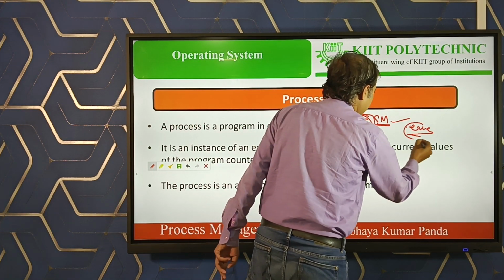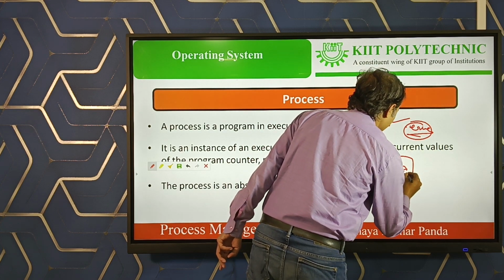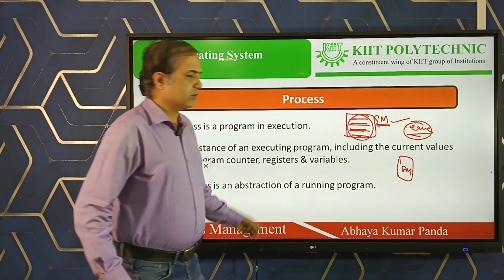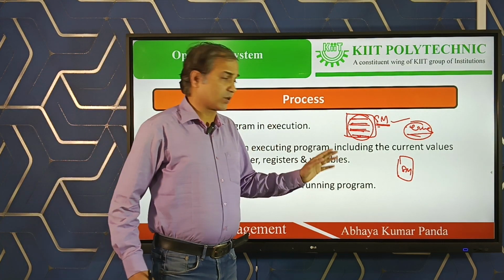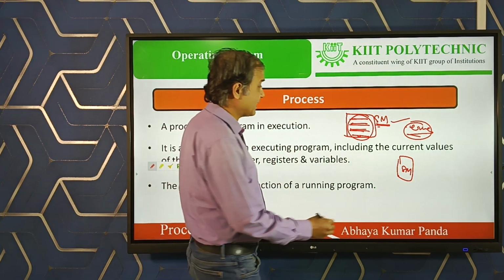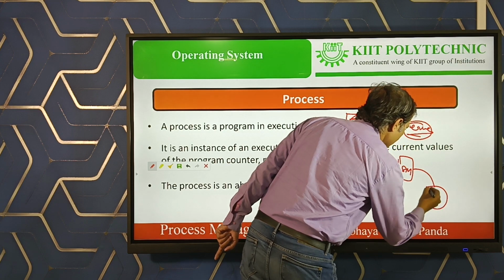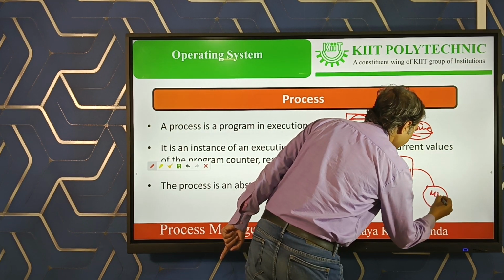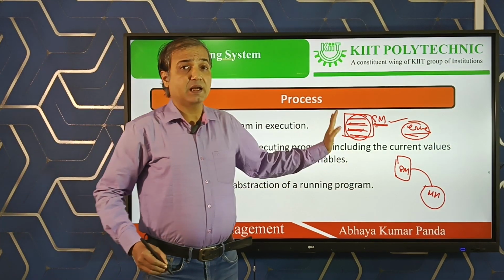That .exe file is also stored in the secondary memory. It is the task of the operating system to transfer that executable program to the main memory. When it is transferred to the main memory, it becomes a process.